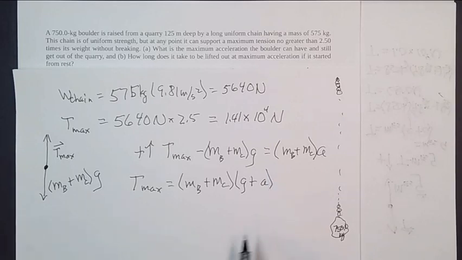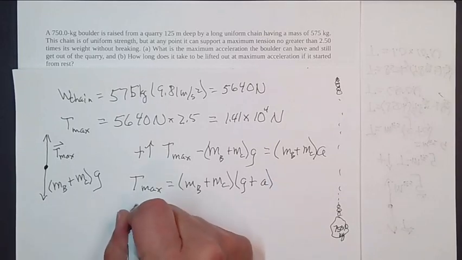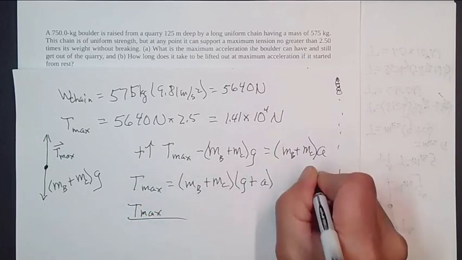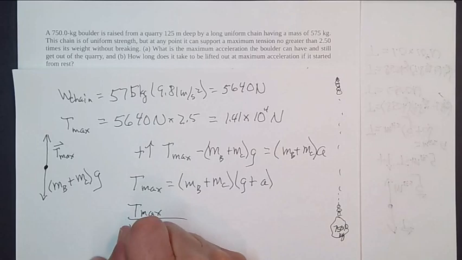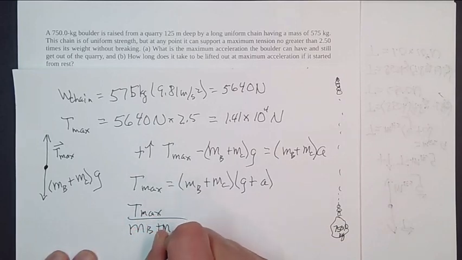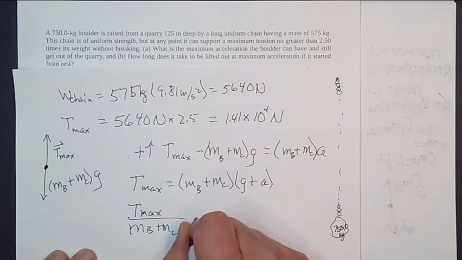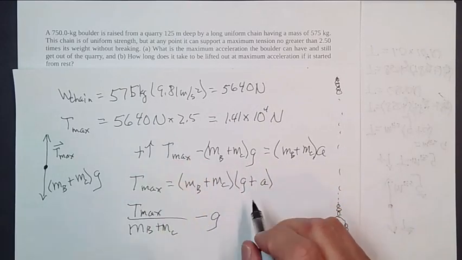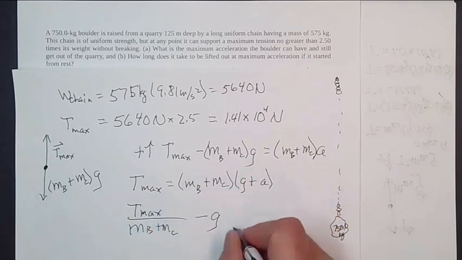Okay, let's do that instead. If I divide both sides by that total mass, mass of the boulder plus mass of the chain, minus g, that's going to be the maximum acceleration.